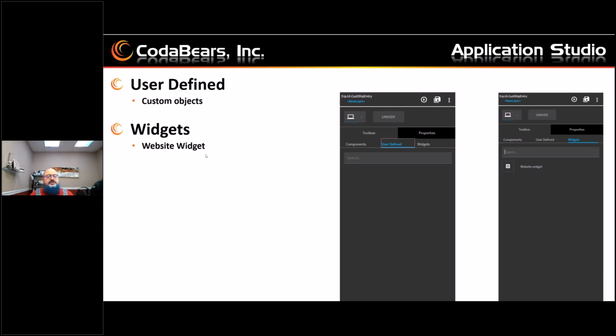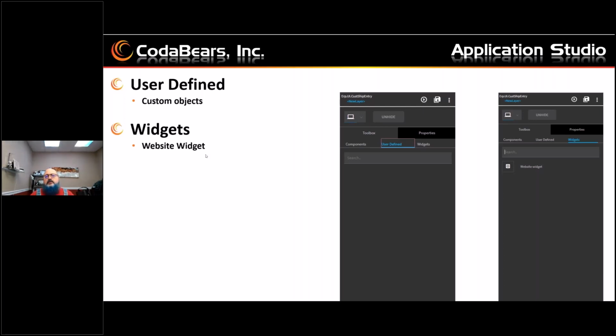There are also widgets, and I foresee many people sharing their widgets as they continue moving forward. I expect we'll probably see an EDI widget for people that aren't using EDI OneSource. There's a website widget right now where I can display a URL in a web widget, and that will open up the web browser and take me straight there.